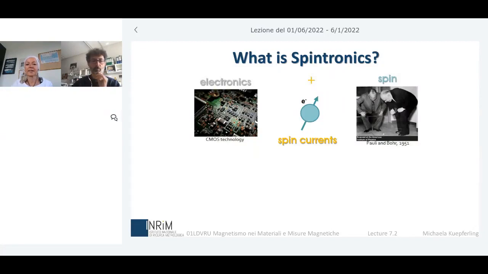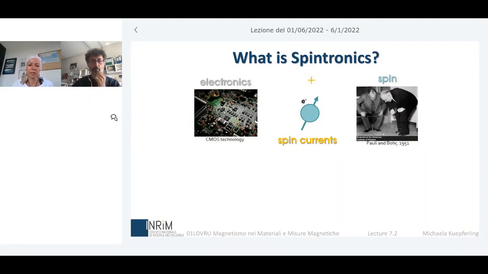And this is just to show you what we are actually doing and in which direction magnetism is developing. And spintronics is one of the topics which are evolving very, very quickly. So it's very difficult to teach you something on that. But at least we would like to show you what is going on.